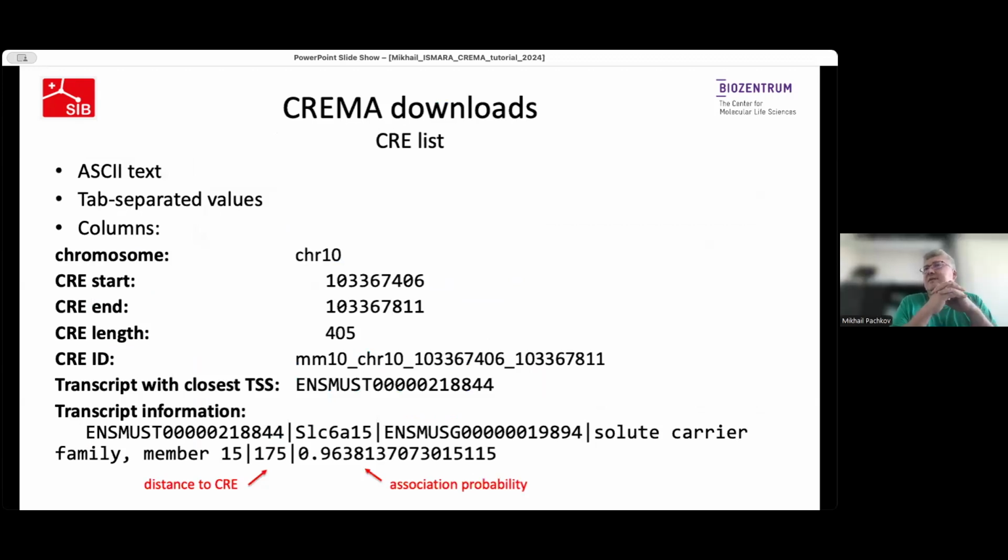The CRE list which we provide is again a text file with tab-separated values, which contains the following information. First, the coordinates of a regulatory element. It also contains the length of the CRE, then the CRE ID, and then information about the closest TSS.